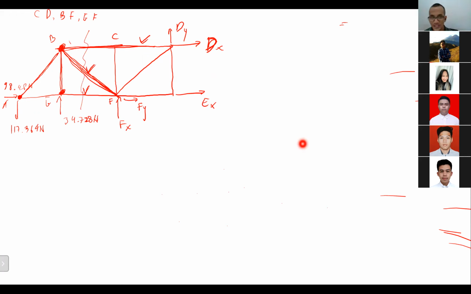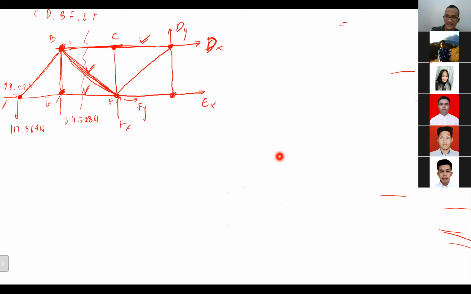But before doing so, Meryl, can you find any zero force member here? No, sir. No zero force member. Anyone here can find the zero force member? Remember, when we can find a zero force member, it will simplify our calculation. CF, sir?